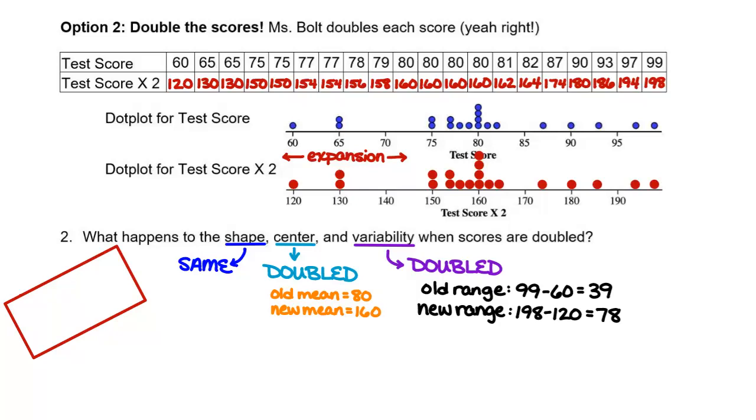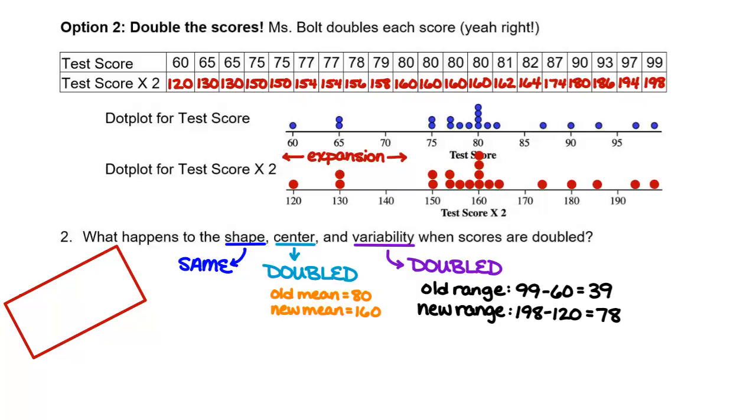If I were using the same scale along my x-axis, what I would see happen is my original graph fits into like this much space, and my new graph would be more spread out like this. So we spread out in both directions, and we did shift because we doubled everything, but the overall shape stayed the same, but we got more spread out.